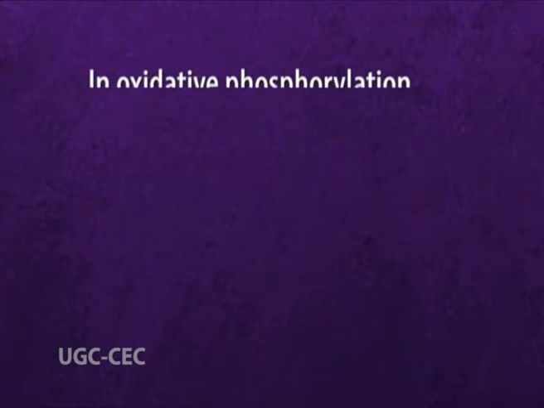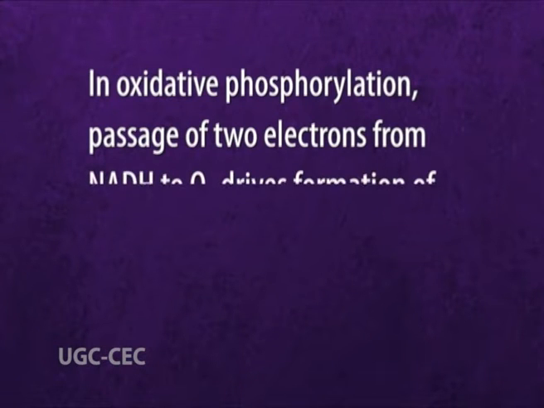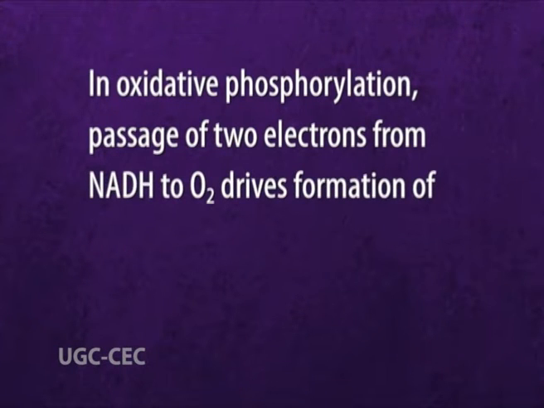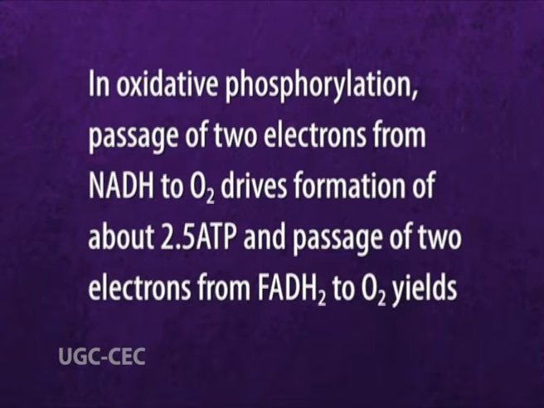In oxidative phosphorylation, passage of 2 electrons from NADH to oxygen drives formation of about 2.5 ATP, and passage of 2 electrons from FADH2 to oxygen yields about 1.5 ATP.